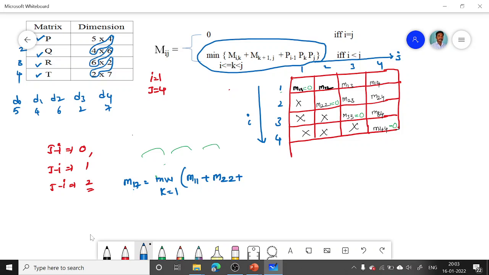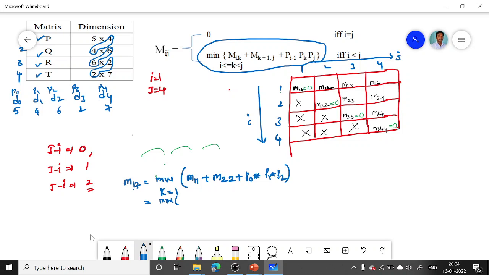Now dimensions, nothing but the projections. Already I told you dimension or projection, both are the same. So P0, P1, P2, P3 and P4. Nothing but P of I minus 1, what is our I value? 1, nothing but P0 into P K, what is our K? 1, into P J, what is our J? 2. Nothing but P2.